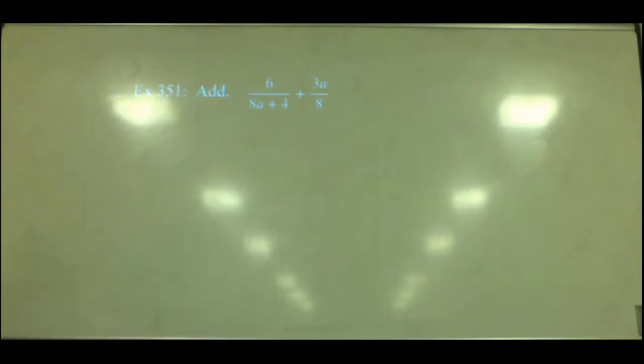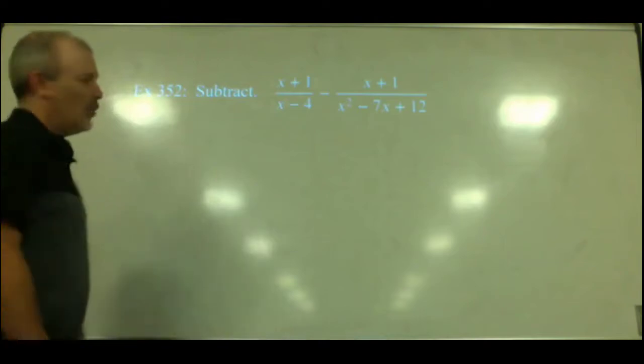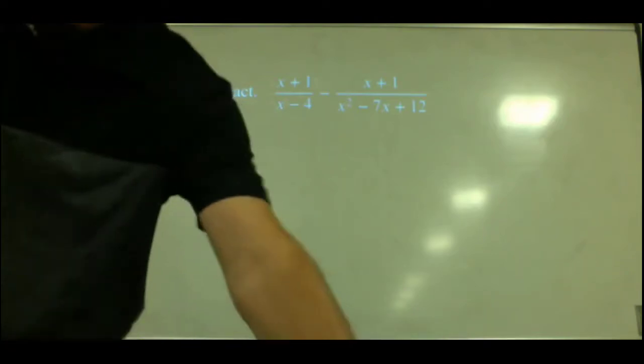And I understand these problems all look a little bit different probably, but as you look at them, honestly, we are doing the same thing every time. We're reducing if we can, we're factoring our denominators, we're finding a common denominator, and then adding them together. So, all right, what do we want to do first here?